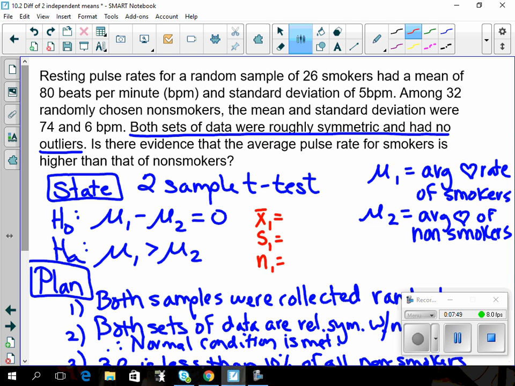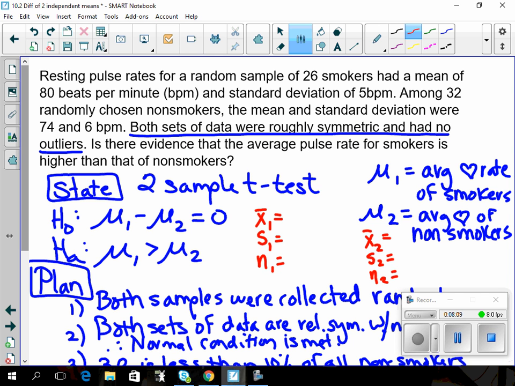And I'm going to have that same information for the second sample, which is our non-smokers. Those are important pieces of information because those are numbers we're going to put into our calculator eventually, and they're also numbers we're going to put into our formulas.